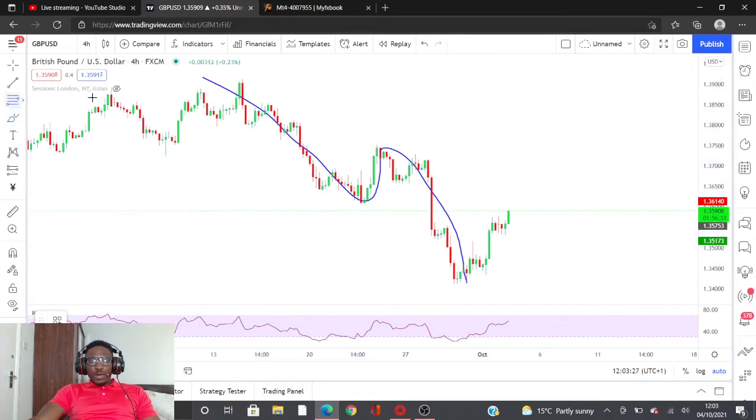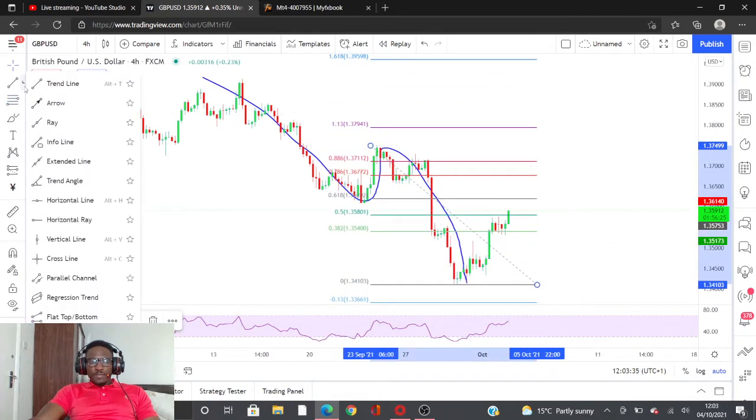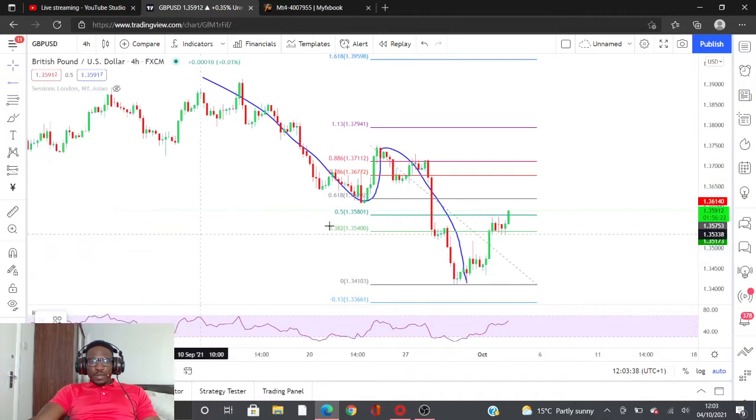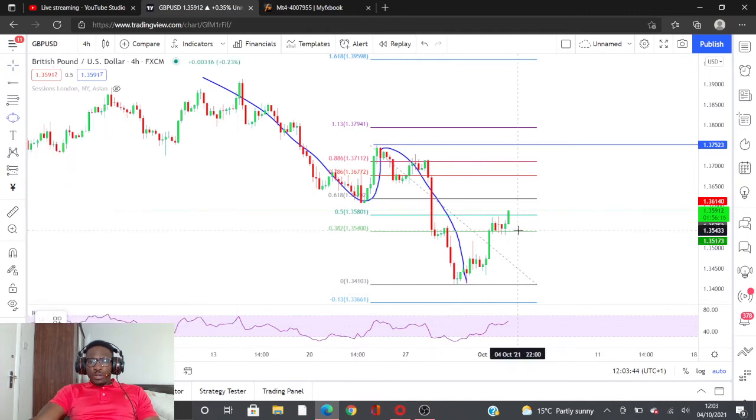So if you're familiar with a bearish structure or a bearish market, then you will know that this market is currently in a reversal zone. Now what I mean by reversal, we're talking about anywhere between the 382 retracement and above this previous structure.